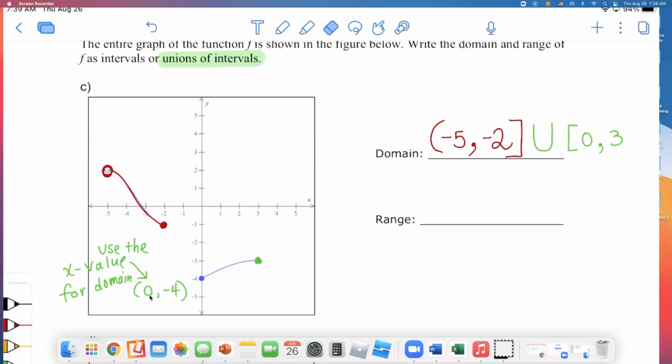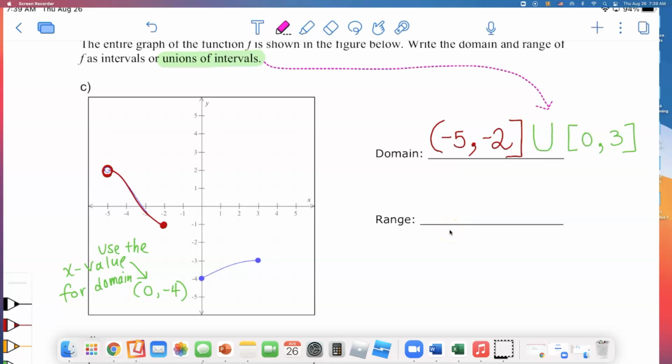And looking at how both of these circles are closed circles, right? Go ahead and use a square bracket for both. So that's what we mean by union of intervals. We draw this U symbol when you have more than one interval to write the domain and range, okay?